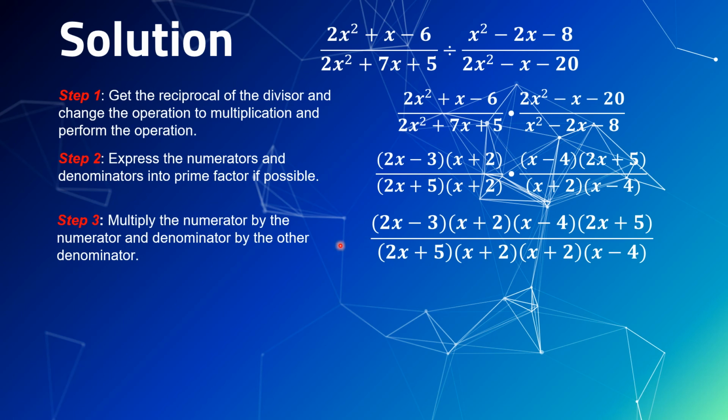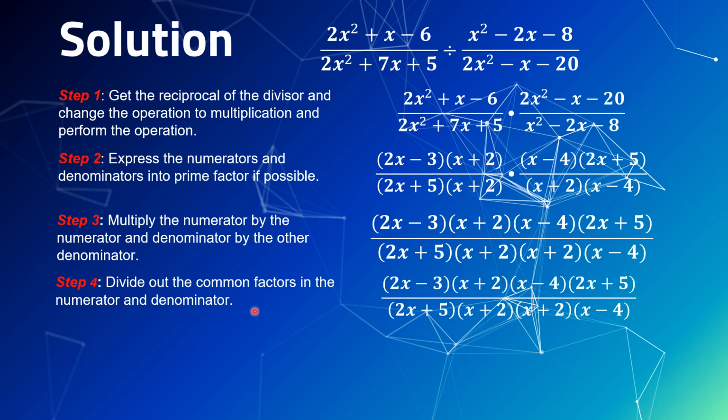Then multiply the numerators by the numerator and the denominator by the other denominator. So in multiplying, you're just going to compress this so that you can see which values can be cancelled or which can be divided. Then divide out the common factors in the numerator and denominator. In dividing again, you can cancel if these values are the same. So x plus 2, that is x plus 2.